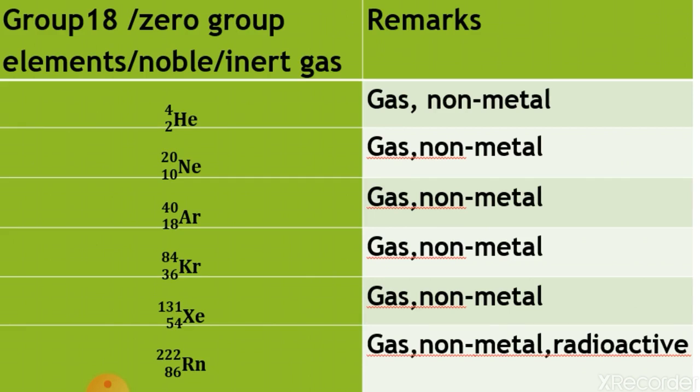Now about the remark, all these are gases and also all are non-metals, but radioactivity belongs only to radon. That means radon is the radioactive element out of these gases.